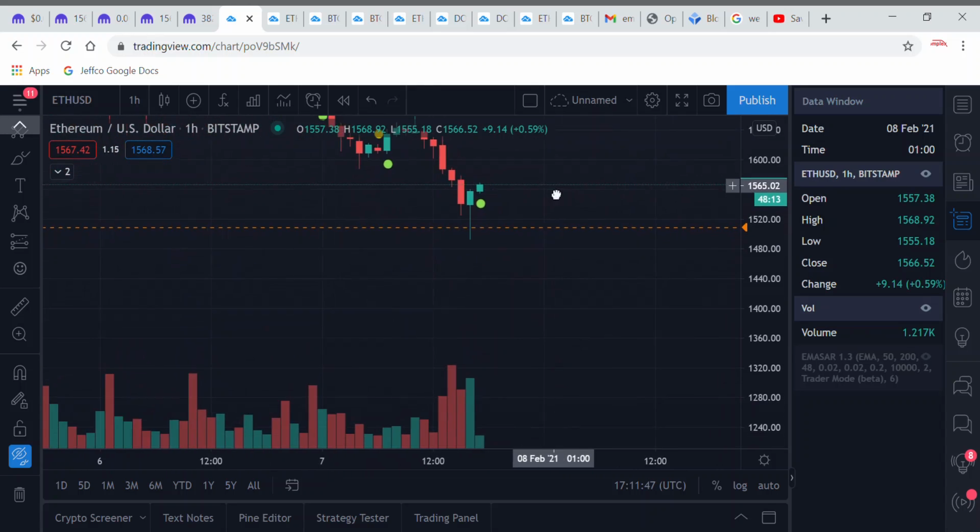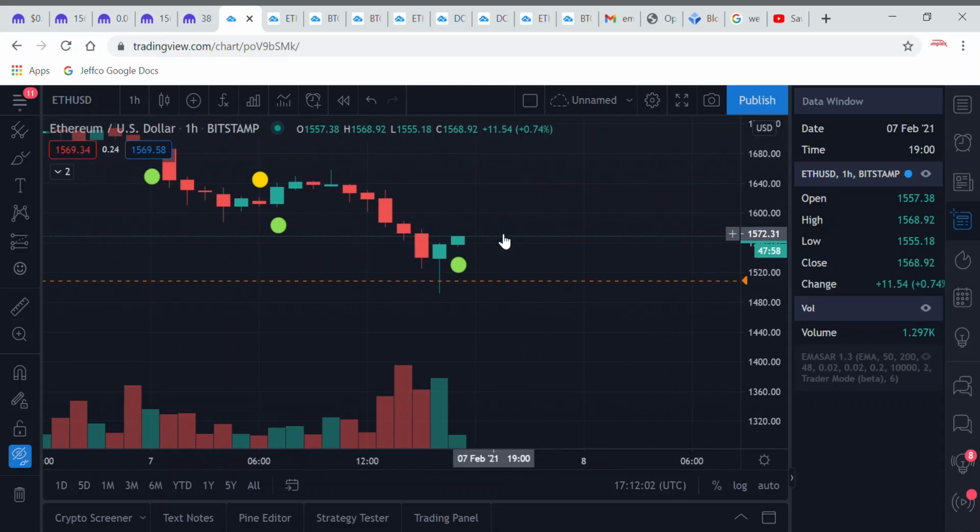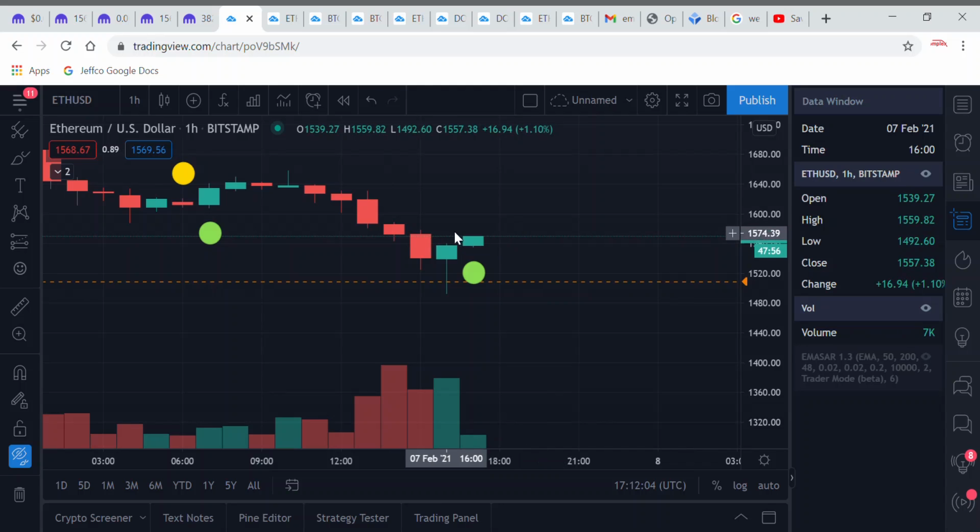So what makes a candle is the lowest price it was at in that time period you're in, the highest price, where it opened, and where it closed. Okay? So the open is where the candle started, the close is where it ends.